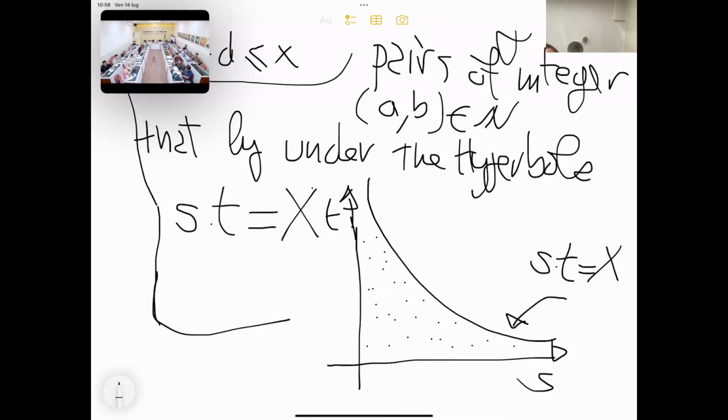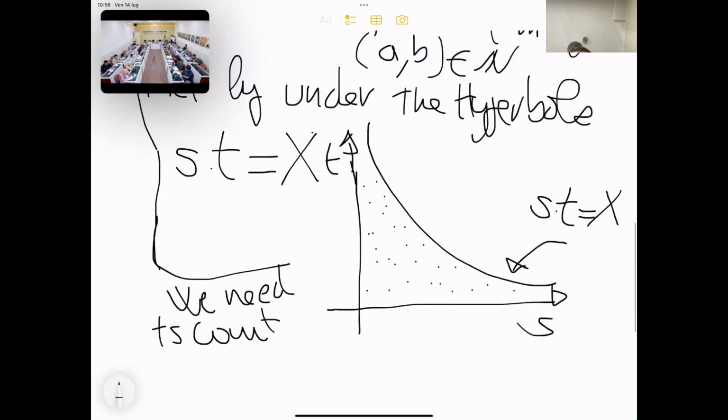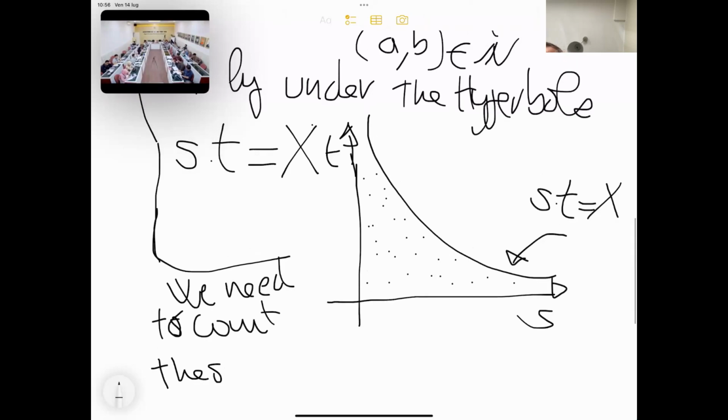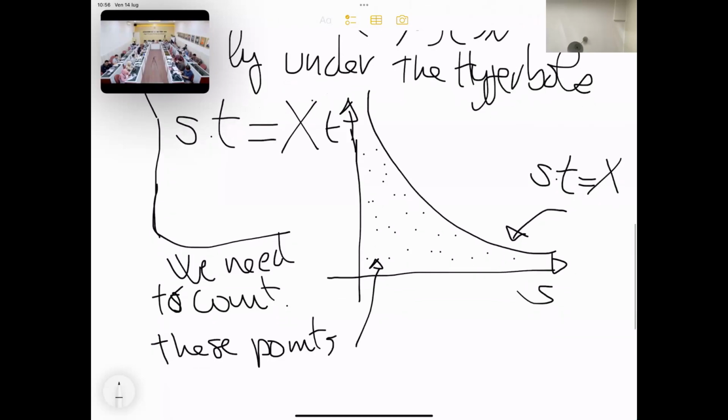So we need to count these points, the points which are below this hyperbola. And the question is, what is the best way to count these points? Well, one thing about this hyperbola is that it is symmetric, right? There is a symmetry here.